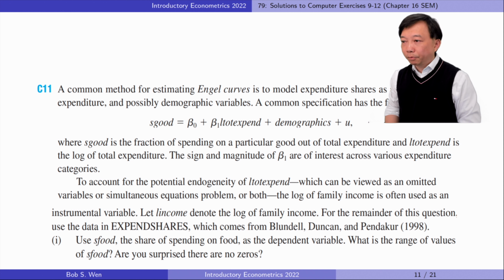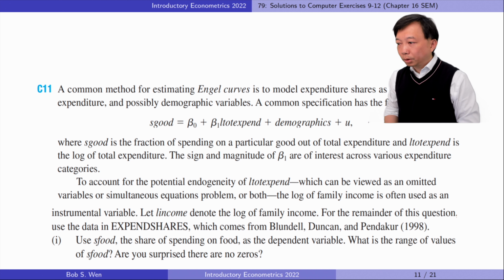A common specification has the form of the following, where s_good is the fraction of spending on a particular good out of total expenditure, and ltotexpend is the log of total expenditure. The sign and magnitude of beta 1 are of interest across various expenditure categories.